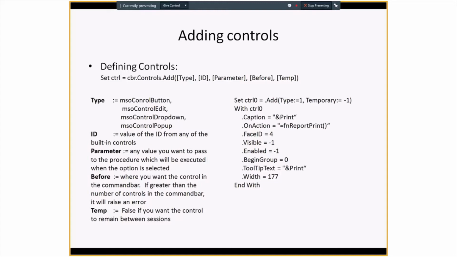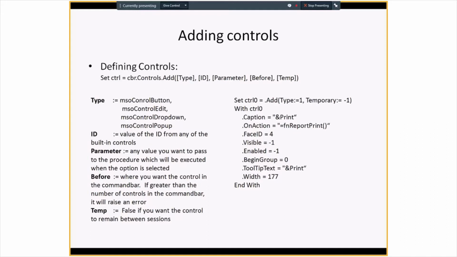There are text boxes, and the control type for that is edit. There are drop downs, so you can create your own drop down menus in your shortcut menu, and there are pop-ups, which allow you to drill down to another level of controls underneath a pop-up.